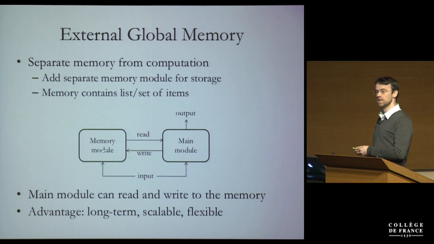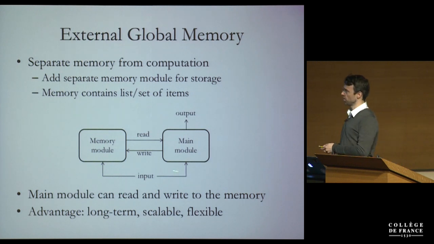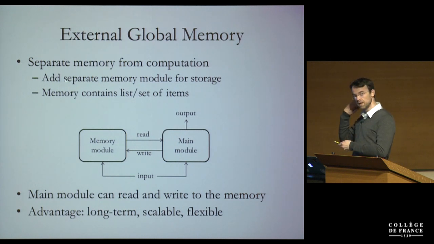That memory might be initialized with, say, a bunch of inputs. So this controller will then have the luxury of accessing the inputs at any point. And the state of this will be updated over time in some of the models. But generally, the point is that the computation part is happening over here and the storage part is happening over here.